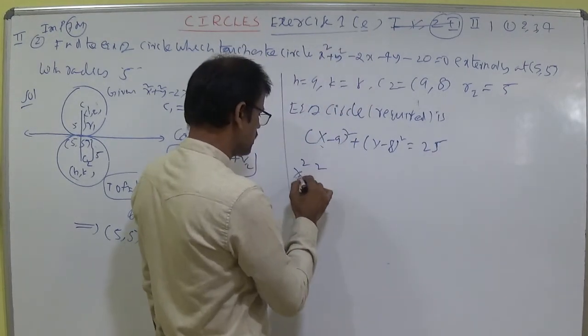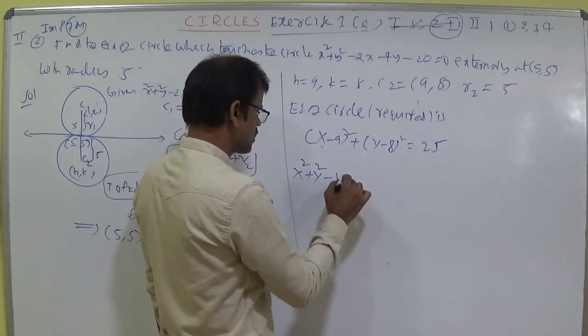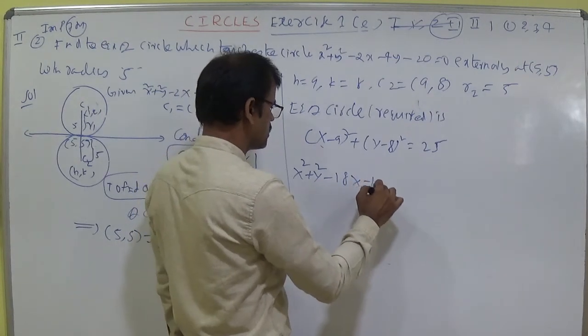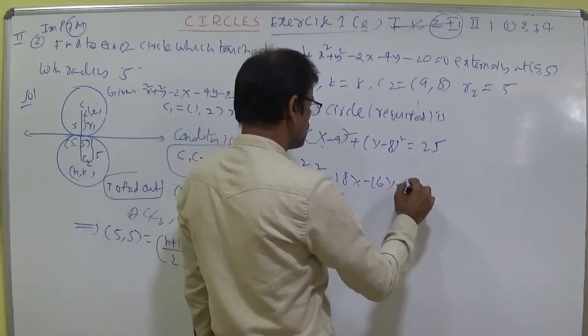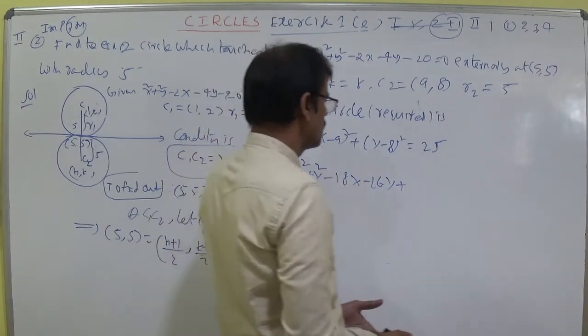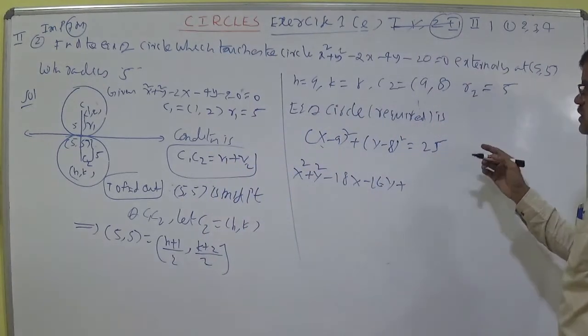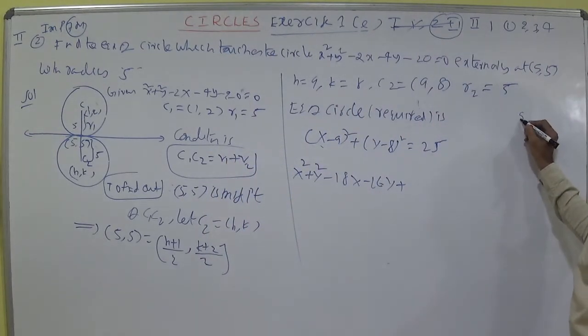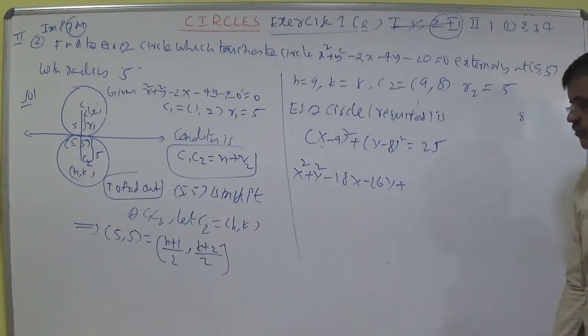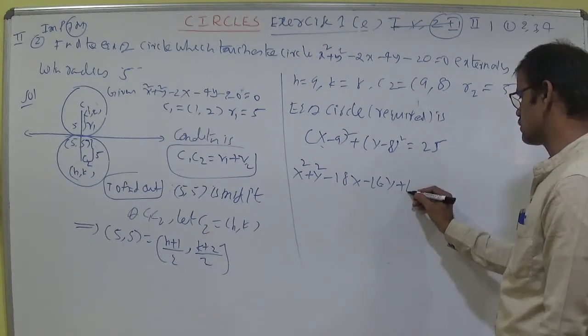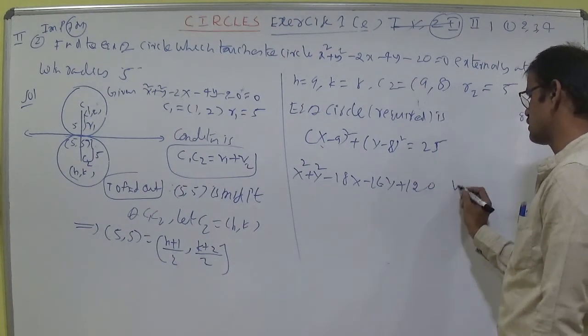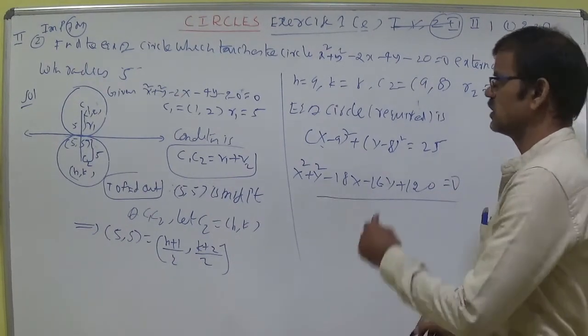By expanding this we get x square plus y square minus 18x minus 16y plus 81 plus 64, that is 145, 145 minus 25, plus 120, equal to 0. This is an important objective bit.